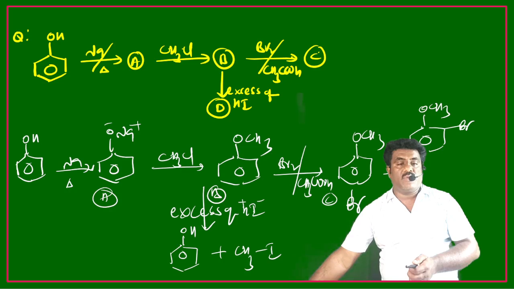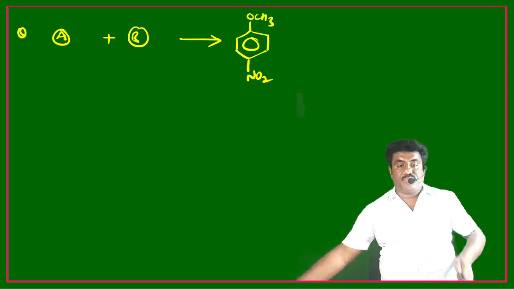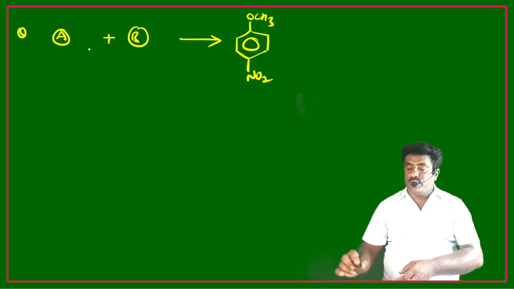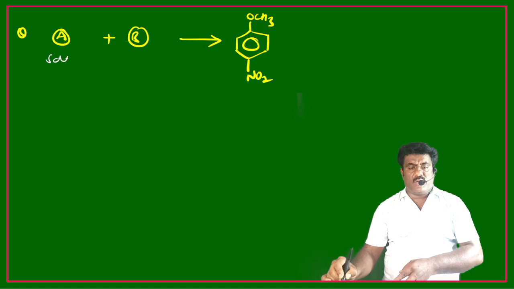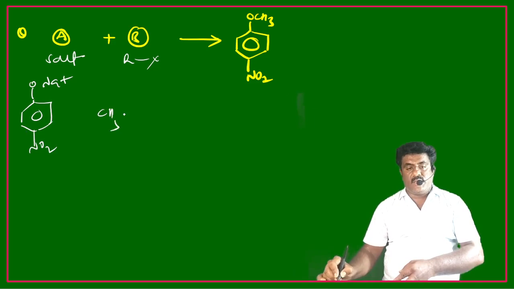See, have a look at the next question. Benzene with OCH3, in order to find A and B. What is the possibility of salt and alkyl halide? See, what is the salt? In presence of sodium phenoxide, benzene with NO2 and CH3X, where X is in the form of X-.